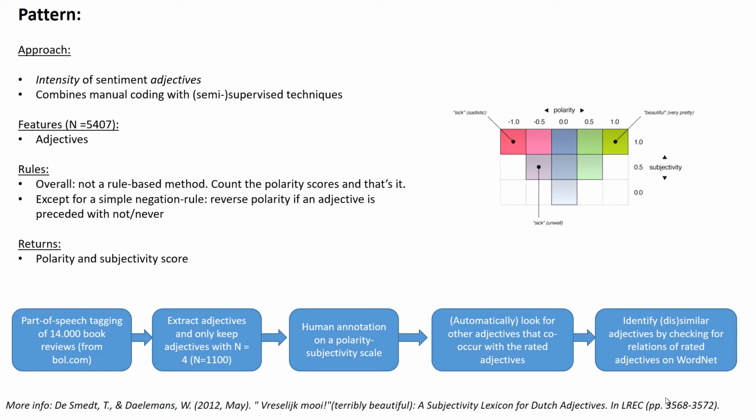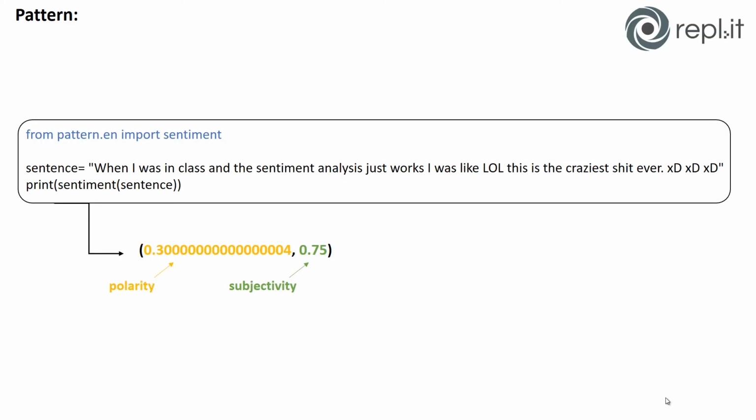So they first rated some adjectives manually, 1,100 manually, and then they looked for words, or more specifically adjectives, that tend to co-occur with this small subset of negative or positive adjectives, and then whatever co-occurs with these adjectives, they added it to the lexicon.